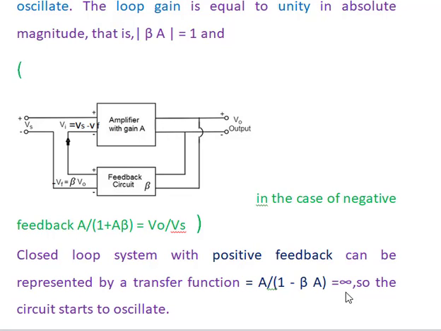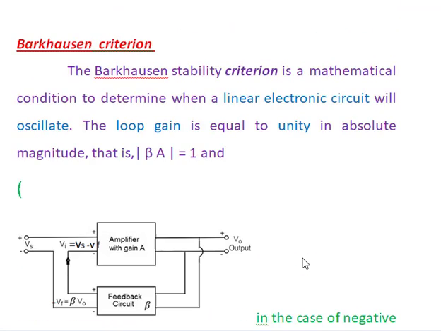So it produces the oscillation without giving any input in the case of an oscillator. This condition, beta A equal to 1, loop gain equal to unity, is called the Barkhausen criterion.